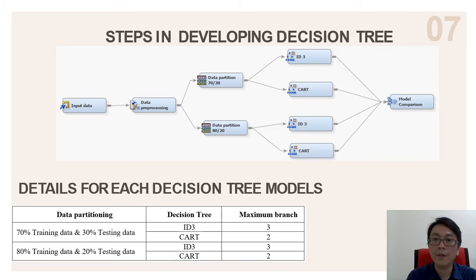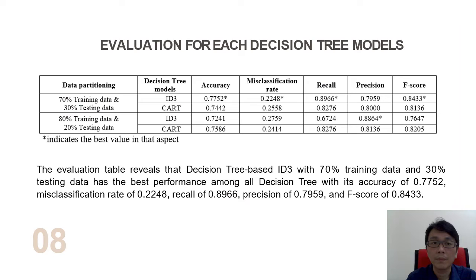So altogether we have 4 decision tree models. At the end, they are connected to model comparison to select the best model according to the misclassification rates, accuracy, and the other aspects as we introduced in our previous slide.